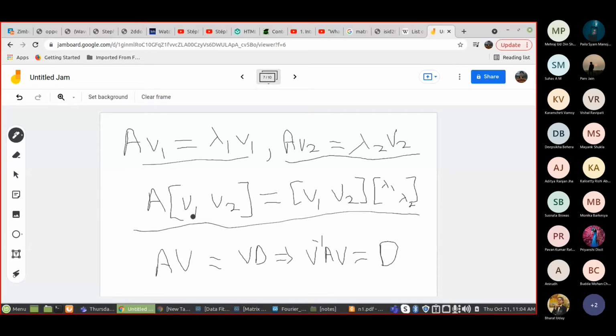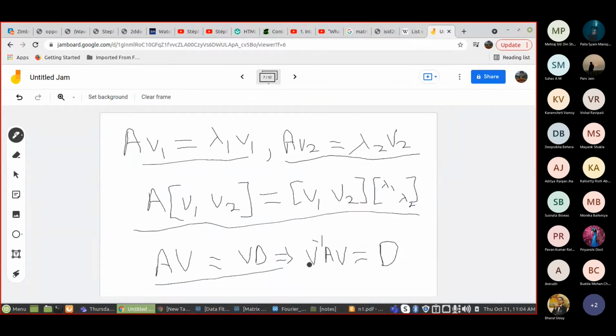So instead of just two eigenvectors, if I know that my matrix has n independent eigenvectors, they form n columns of this square matrix capital V, and then we get this equation: AV is equal to V times D, where D is a diagonal matrix which has all eigenvalues on its diagonal.